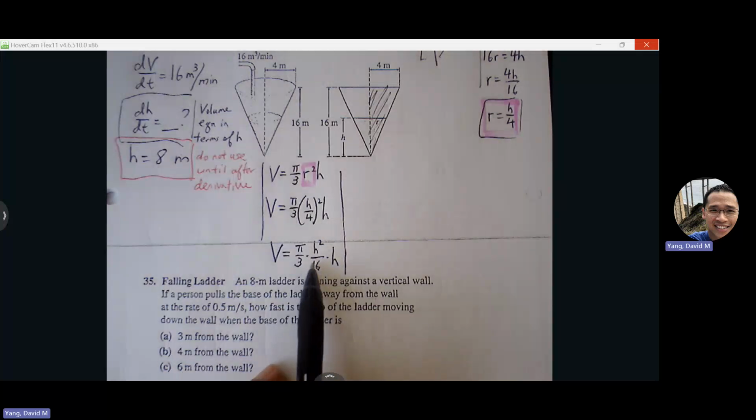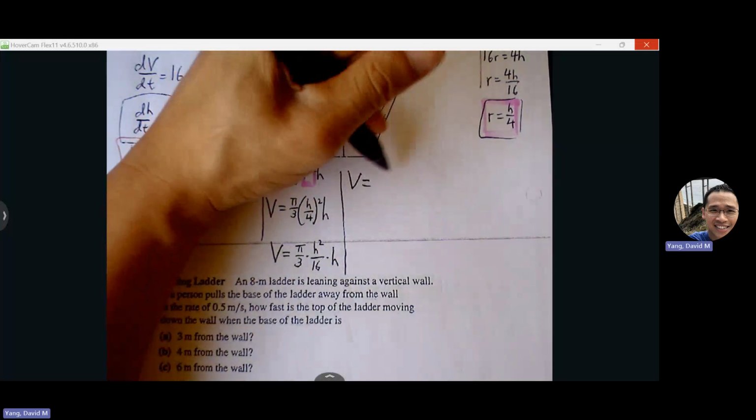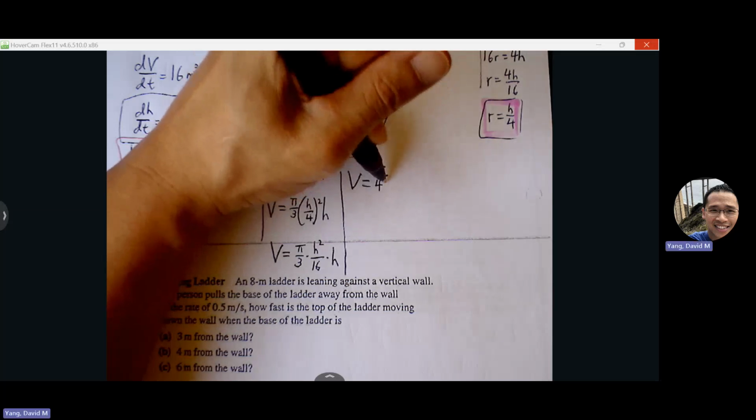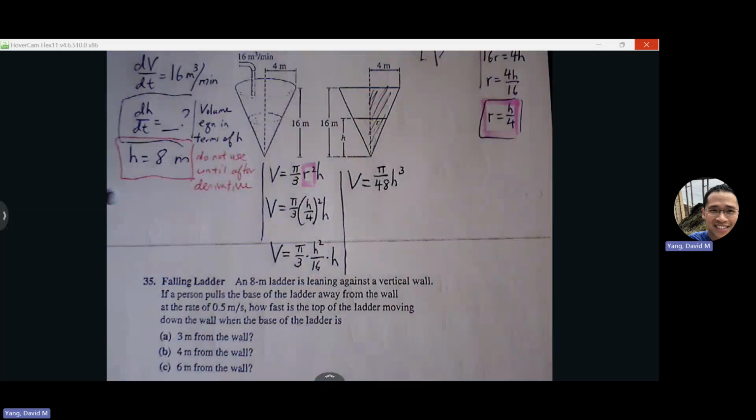Even at this stage, we want to get all the numbers to combine together and all the variables to combine together. If you have multiple h's everywhere, you're not ready for the power rule. So make sure that you can recognize when an equation is ready for you to move on to the derivative.